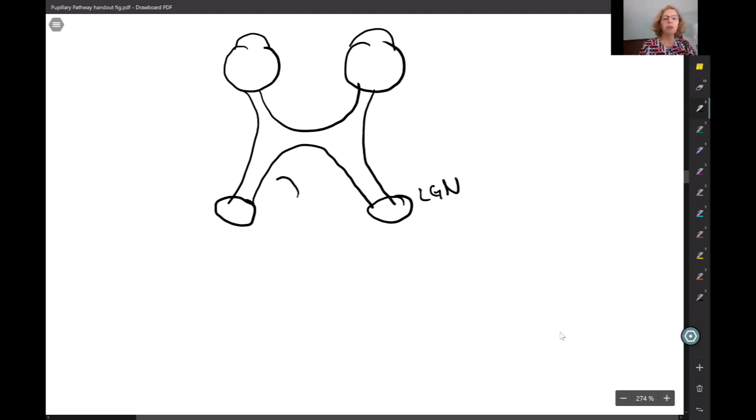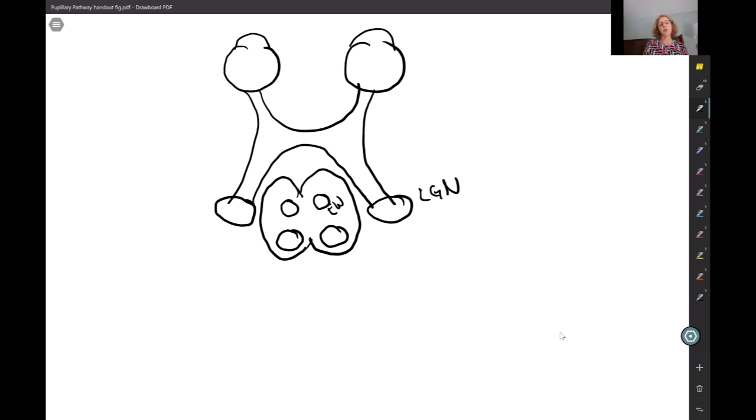And we're going to draw the midbrain with the pretectal and the Edinger-Westphal nuclei. I do want to point out that I'm drawing the Edinger-Westphal preganglionic cells a ways away from the pretectal nuclei so that we can see the fibers as they cross. But the Edinger-Westphal nucleus is part of cranial nerve 3, which is on the dorsal side of the midbrain.